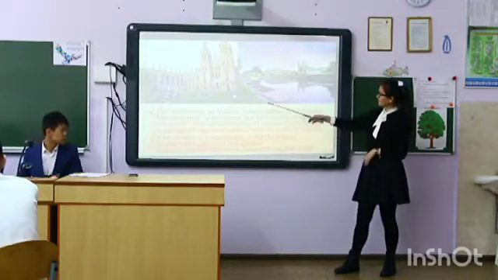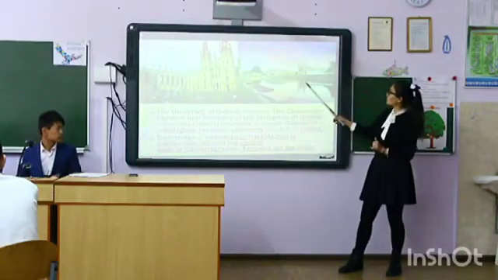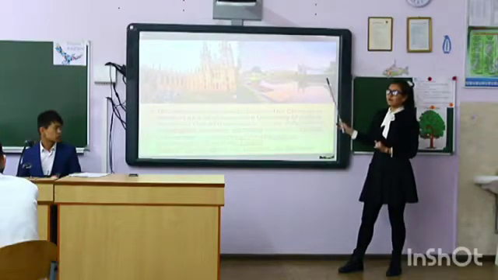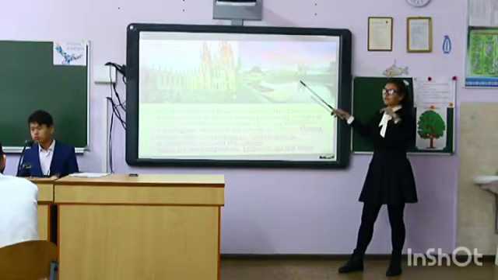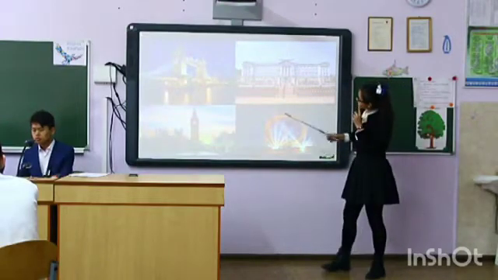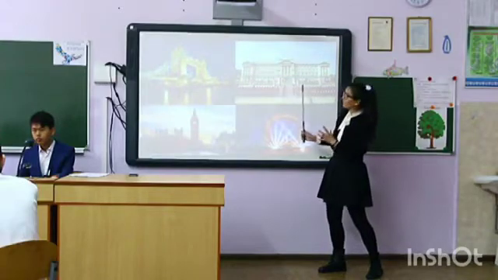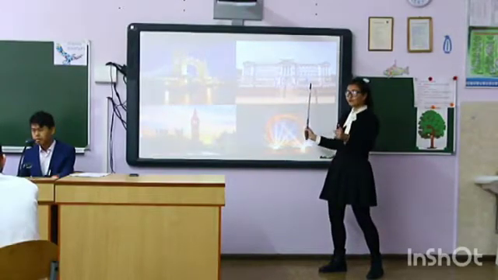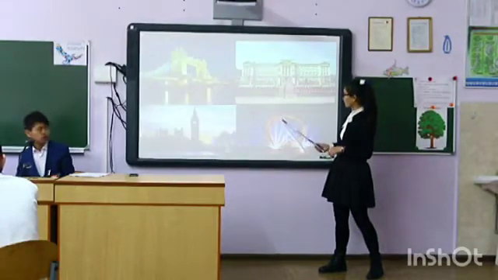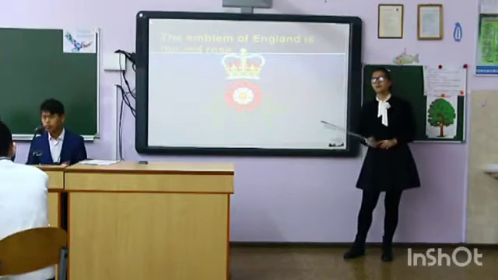It is the University of Oxford and the University of Cambridge, very famous universities in the world. Here is the famous tower, and Buckingham Palace, a residence of the Queen. It's the big eye of London, and the national emblem of England is the red rose.